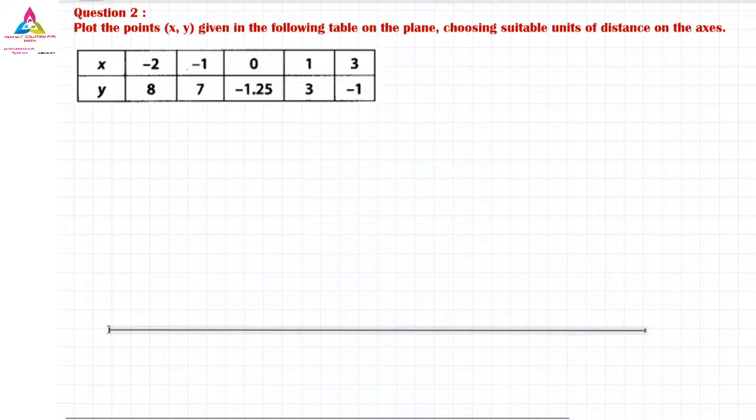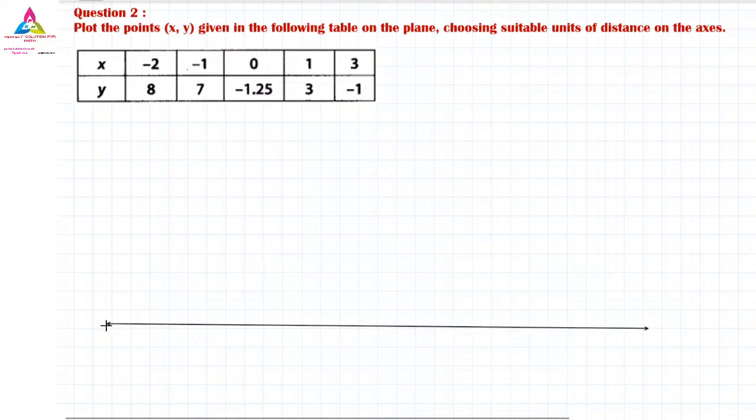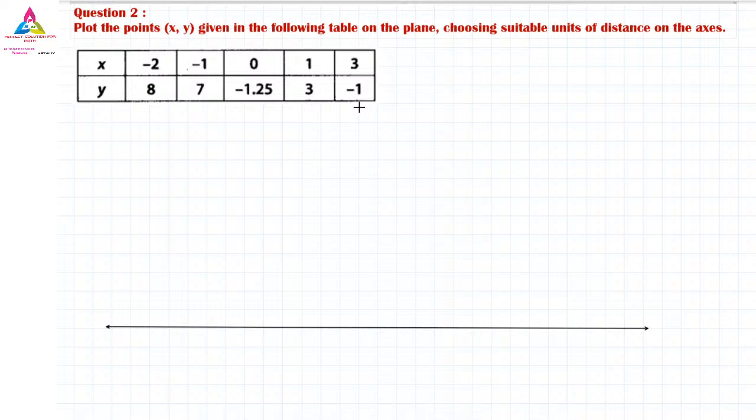So how the graph lines and everything are, you only have to draw like that. If you have more space, take a very big space. For the x-axis and y-axis, the distance between the scale you have to take a little bit more. If you have small space, then you have to do it differently. So for the y value and x value in between, I will draw that line only.